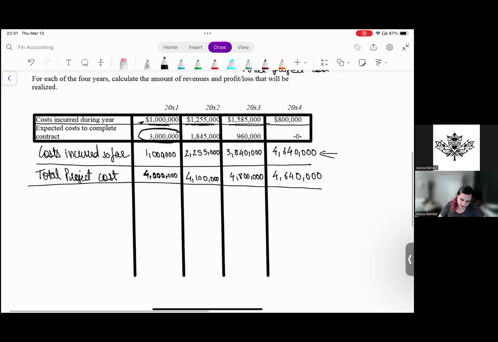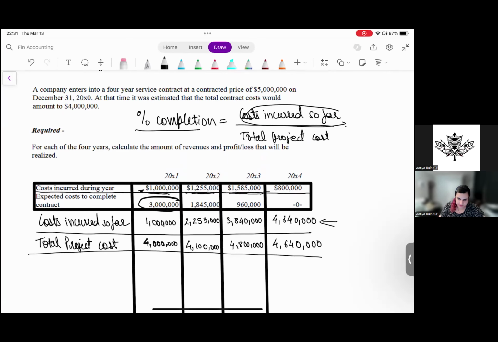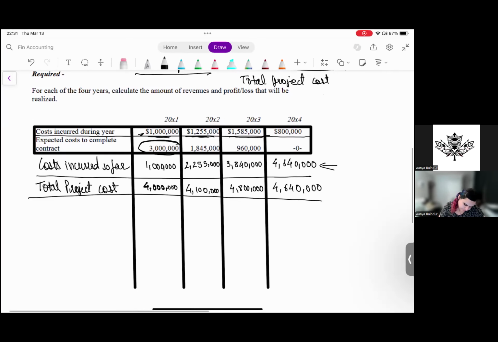Now let's go ahead and use this formula and find percentage completion. The first one, you just take the top value, divide by the bottom value, and that will give you a percent. So 1 million divided by 4 million, that should give you a total of 25%.